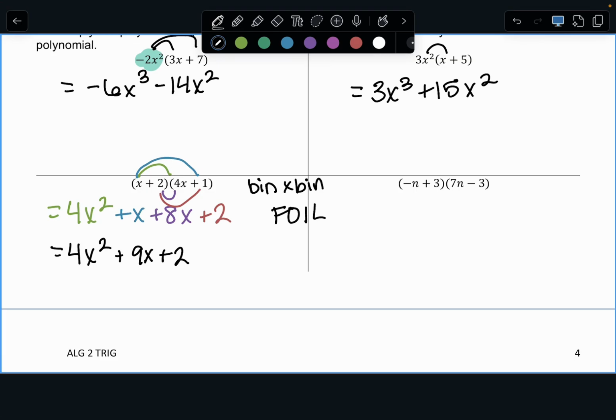Questions on foiling? We're going to do the same thing for the next one. The F stands for first. Negative n times 7n is negative 7n squared. Outside, watch your signs here. Negative n times negative 3 is positive 3n.